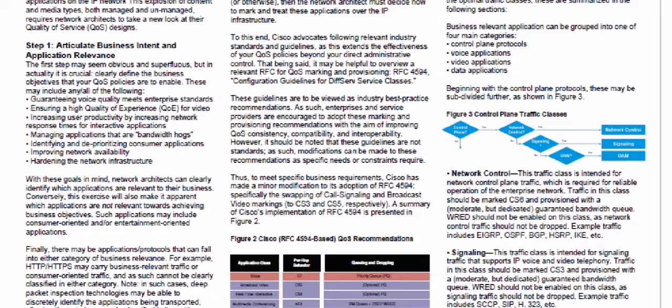It's just the same thing as before, it's just repeating. Ensuring a high quality of experience, QoE, for video, increasing user productivity by increasing network response times for interactive applications, managing applications or bandwidth hogs, identifying and deprioritizing consumer applications, improving network availability, hardening network infrastructure. Actually, the same thing as before.